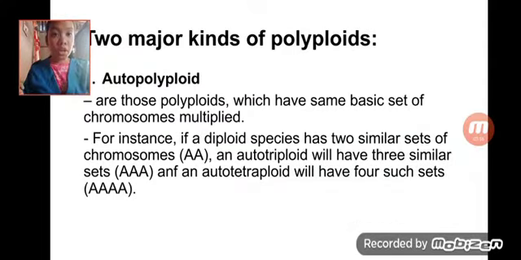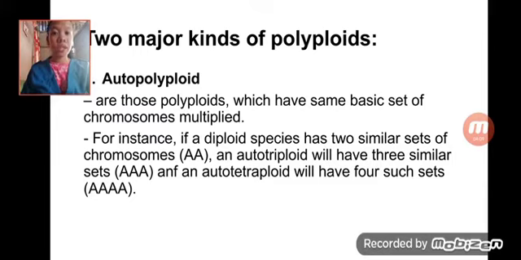There are two major kinds of polyploids, the autopolyploid and the allopolyploid. First we have the autopolyploid. These are polyploids which have the same basic set of chromosomes multiplied.